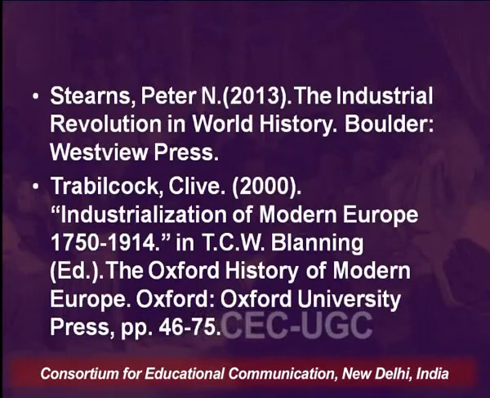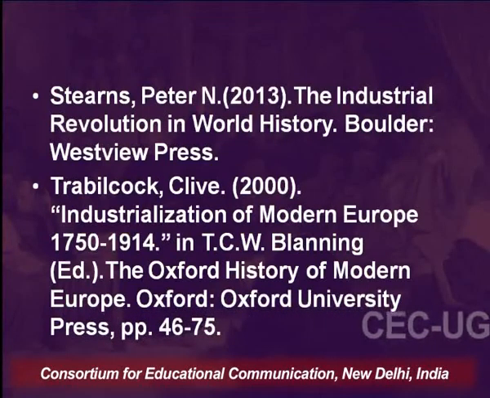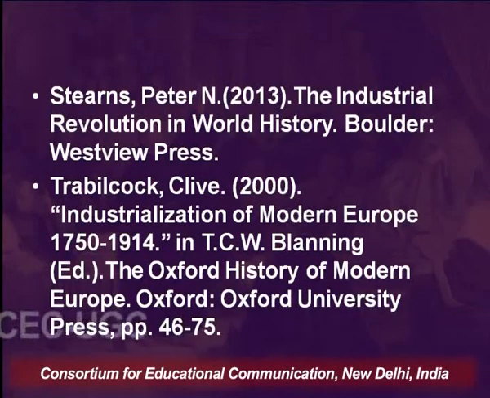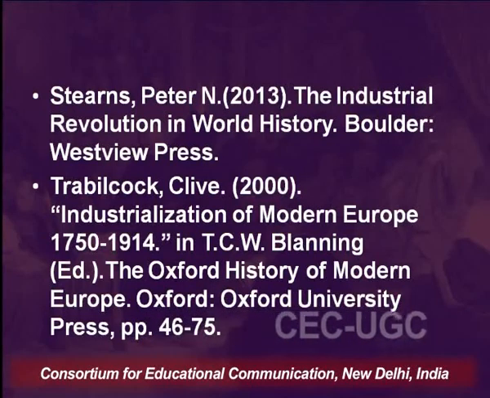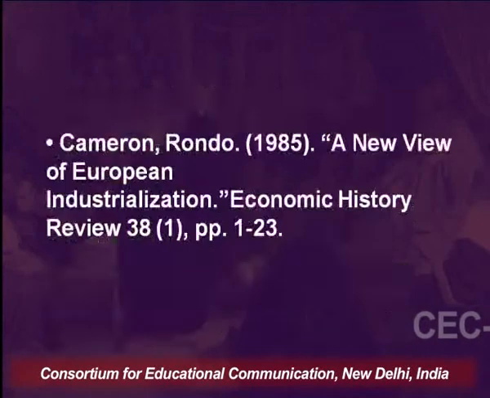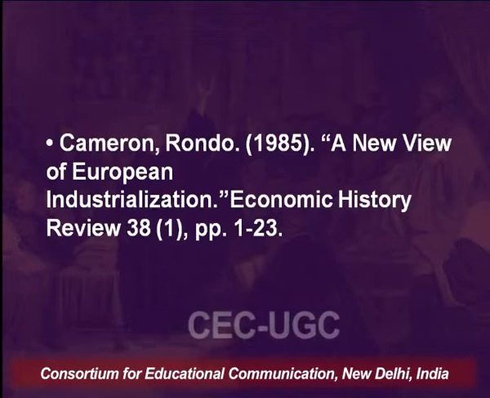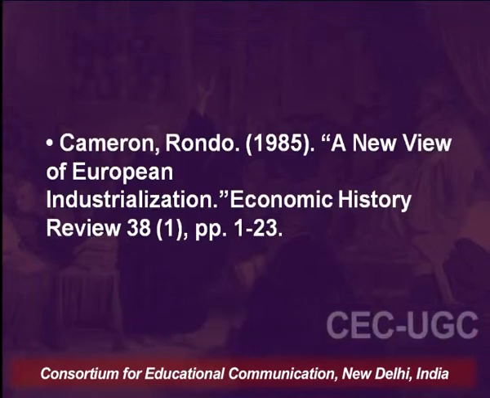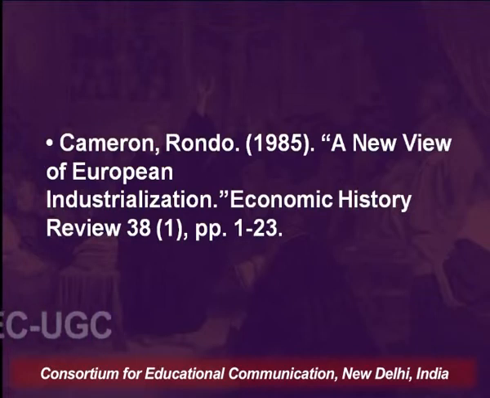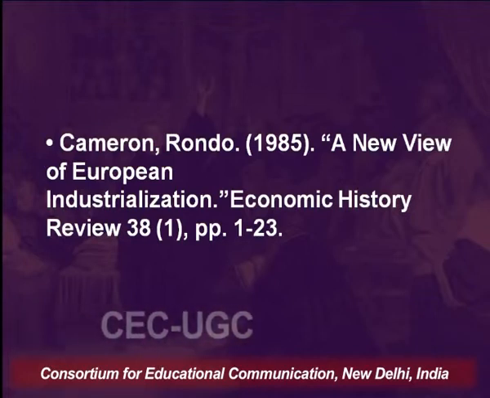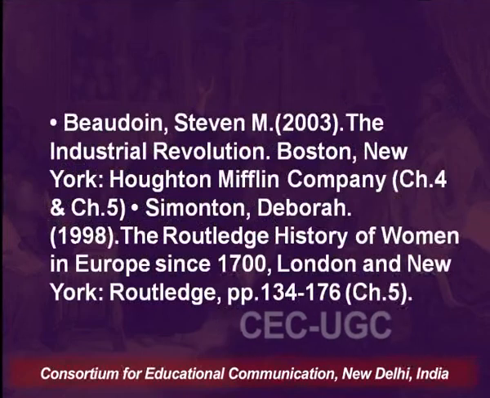You have Clive Treblincock writing about industrialization of modern Europe in Blanning edited book, The Oxford History of Modern Europe. You have Rondo Cameron's book, A New View of the European Industrialization, and this is an article in Economic History Review, so that can be made use of.